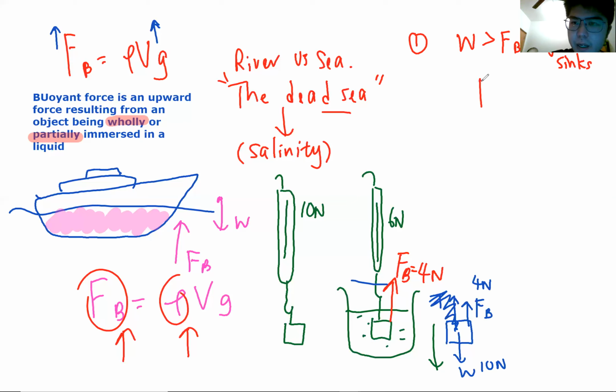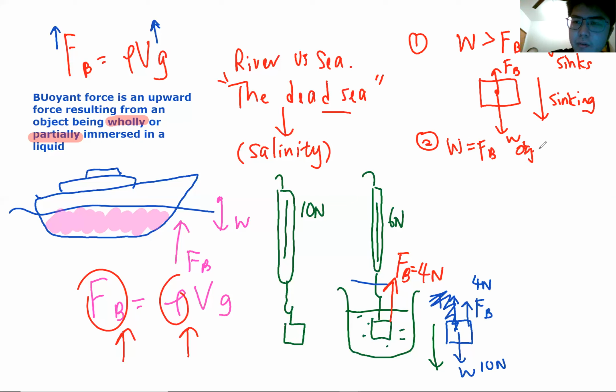So you draw a diagram here: weight, buoyant force. This is sinking. Second, when the weight is equal to the buoyant force, the object floats.